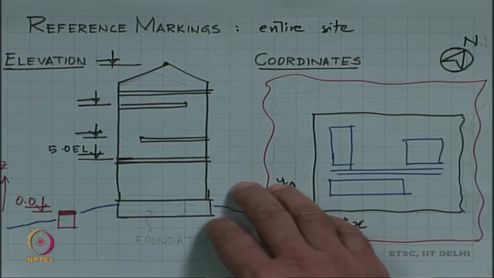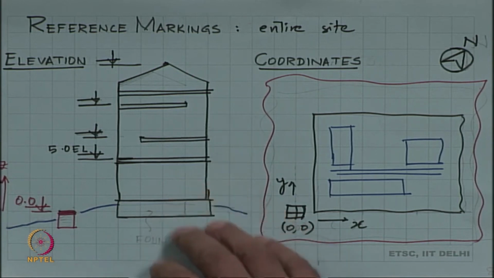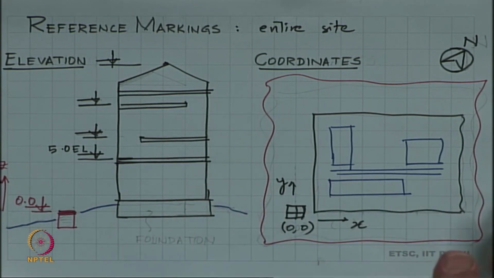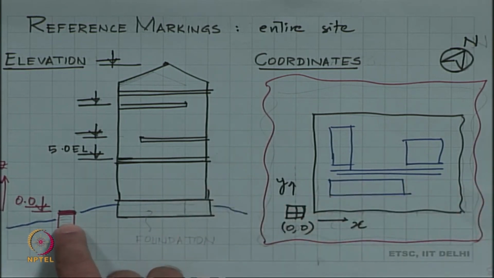This is a very important difference between mechanical and civil drawings. So, that completes our discussion and says that we can now uniquely specify everything in a building or a set of buildings on a site to a common reference point.